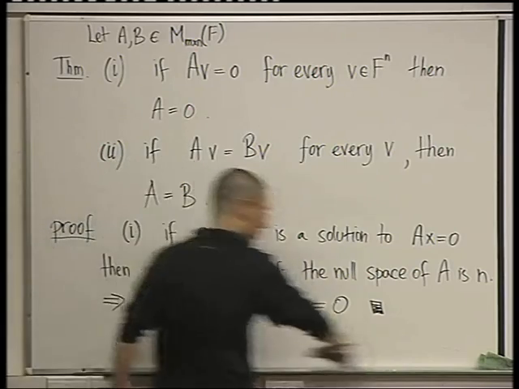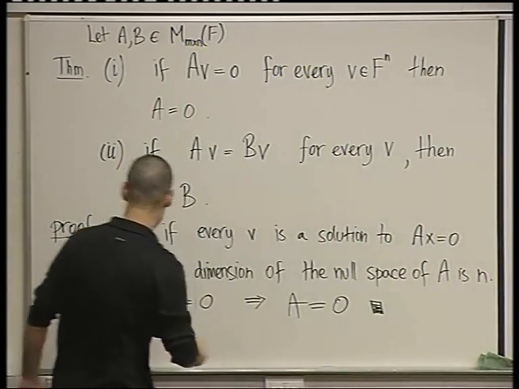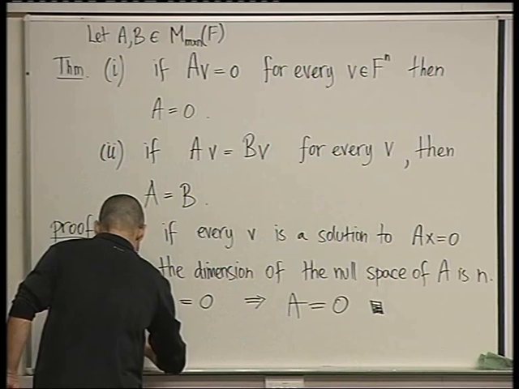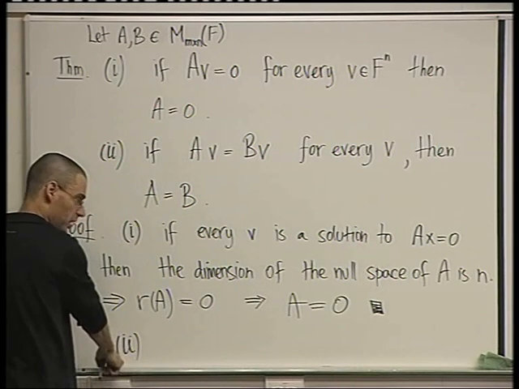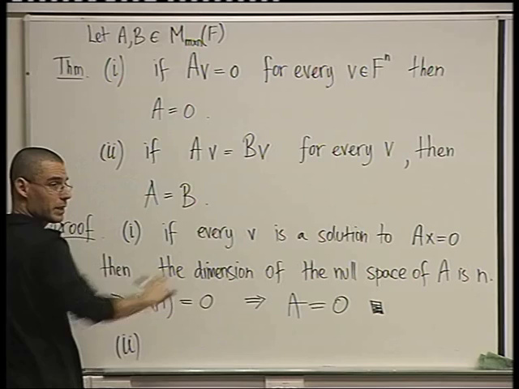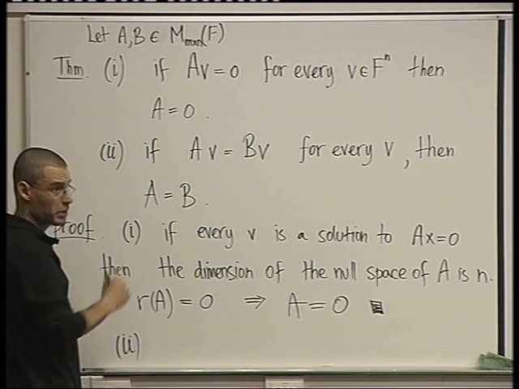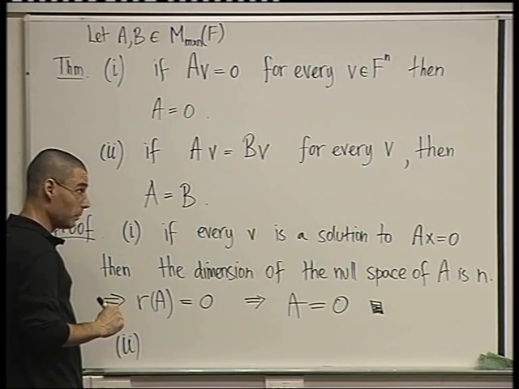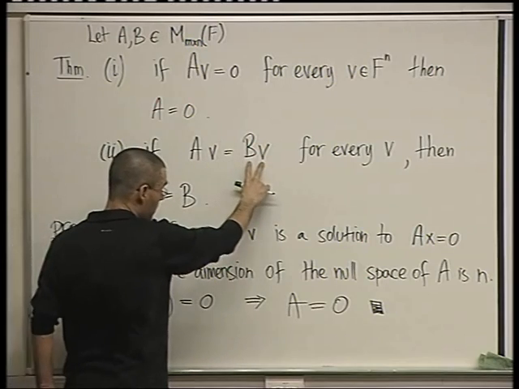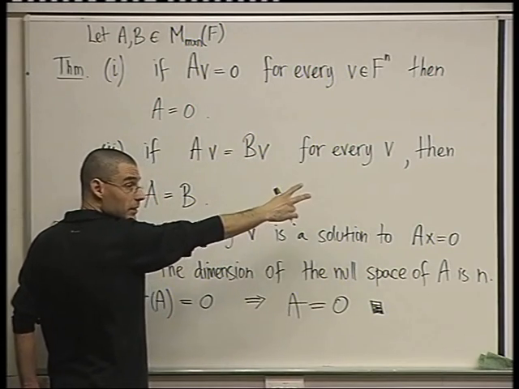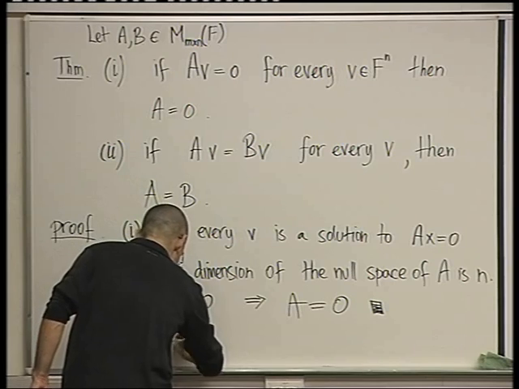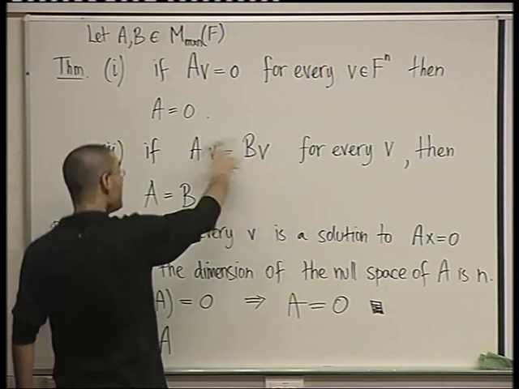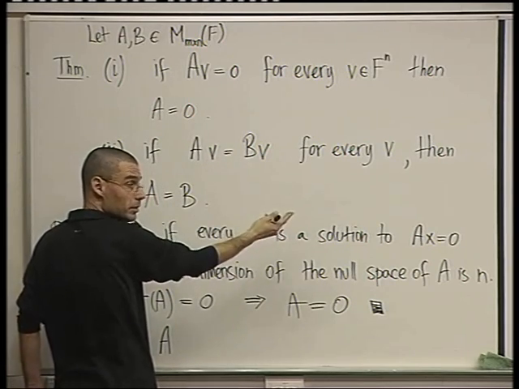What about part 2? I'm starting it here, so it better end very quickly, right? Otherwise, I would have taken a new board already. Well, if AV equals BV for every V, then AV minus BV would be 0.